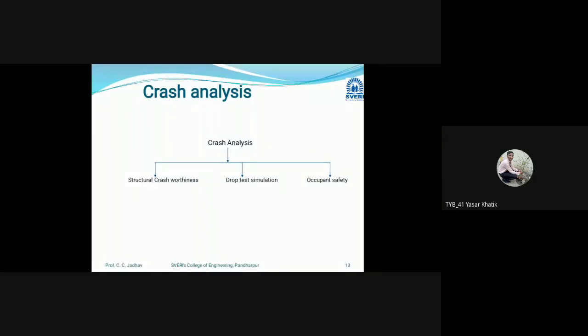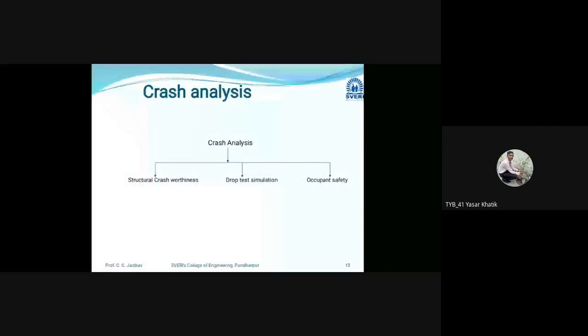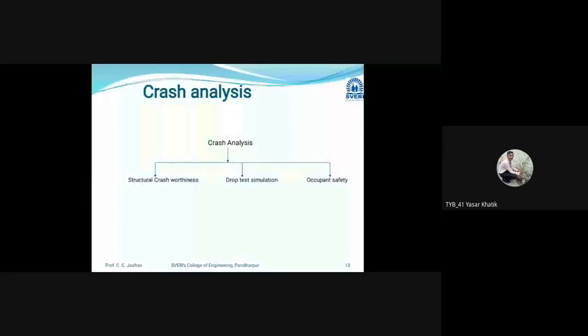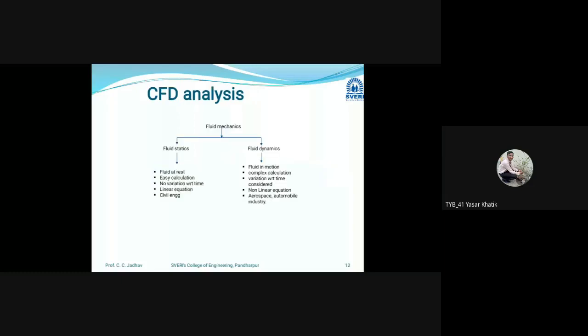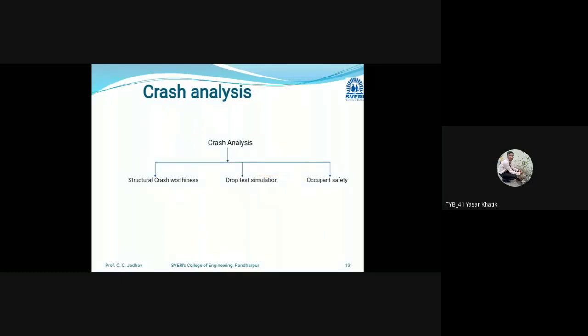Then we have to check all the things in crash analysis, and it is also used to find out the effect of the crash on the human body and make the ride safe for the driver as well as the passenger. The most important part of this analysis is that we are carrying out human analysis for the passenger also.